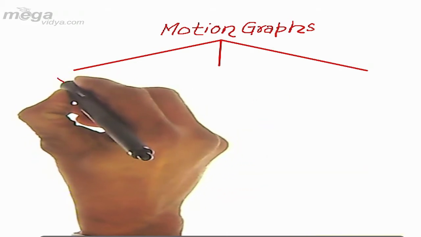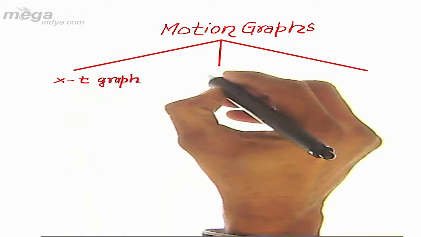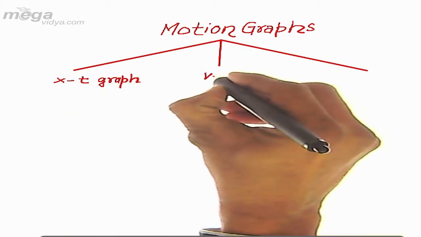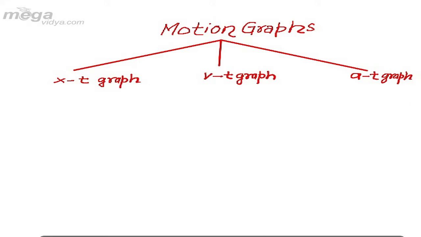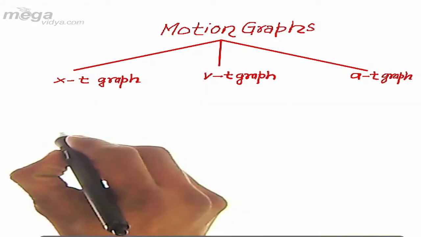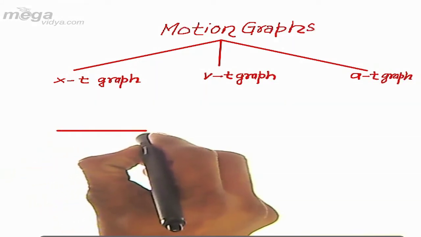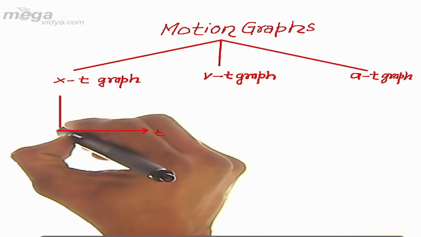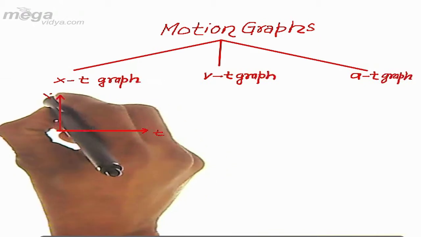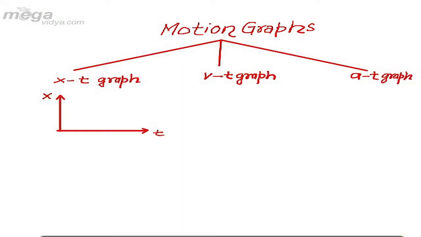One is the position time graph, the other one is the velocity time graph, and the acceleration time graph. We will be taking the x-axis of the coordinate system to be the time, and on the y-axis we will take the position of the particle in the position time graph.